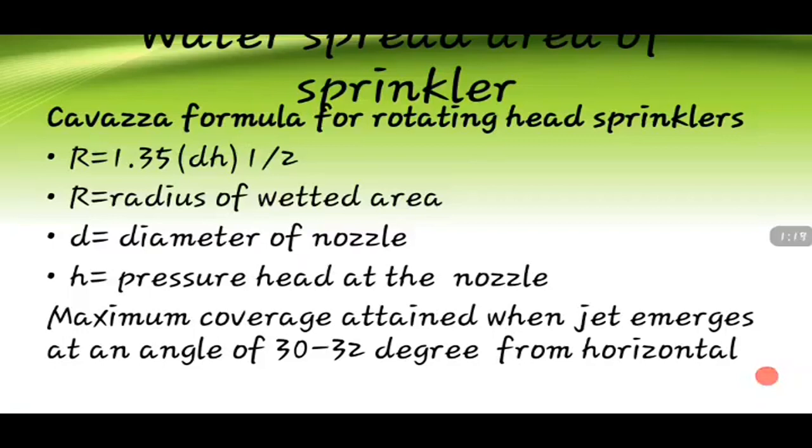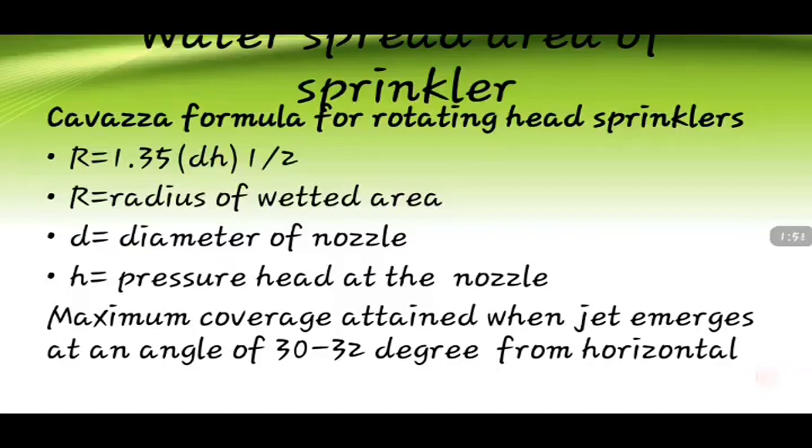So that is the radius of the rotating head sprinkler. Maximum coverage is attained when the jet emerges at an angle of 30 to 32 degrees from horizontal. So if the angle of the jet is 30 to 32 degrees from the horizontal line, the maximum coverage will be attained.